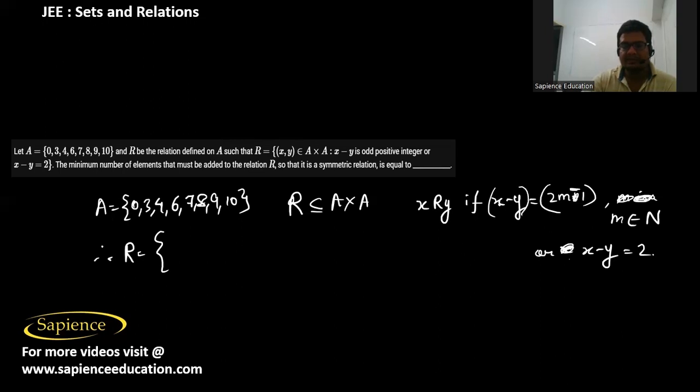It means that one is odd, one is even, odd minus even, then only it will be odd. And here x minus y should be either odd minus odd or even minus even, and they should be consecutive. So x and y should be consecutive odd numbers, or consecutive even numbers. Then only their difference will be 2.